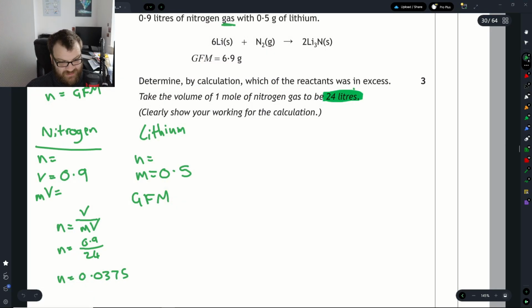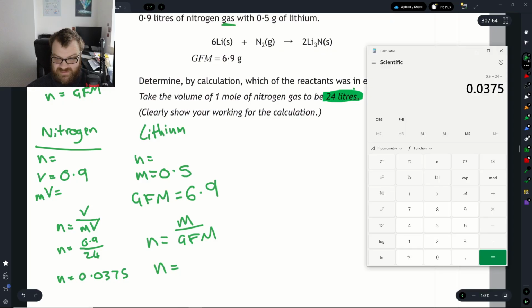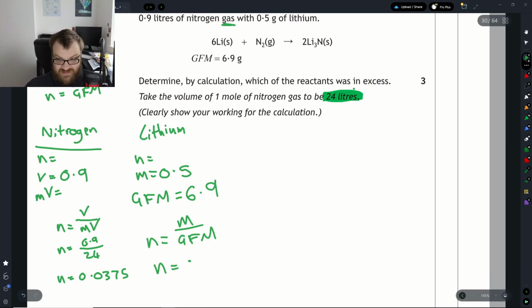Pop that in here. We're doing n equals m over GFM, so the mass divided by gram formula mass. Back to the calculator, 0.5 divided by 6.9 gives us 0.072.